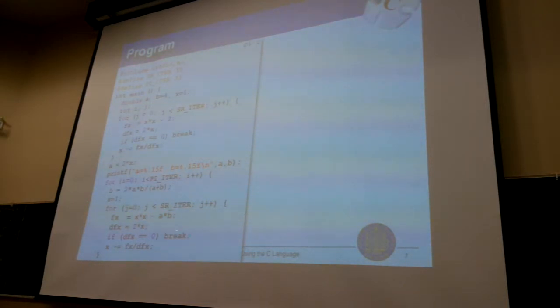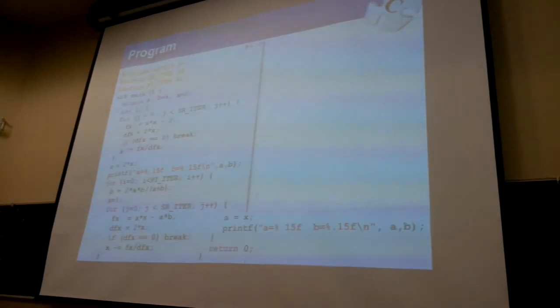And so finally, what we can do here is once we get down here, we can set a equal to x, right? And print out our current values for a and b. So what's happening here again, with each iteration, we're applying those equations. If you want later on, you can go back to the two slides and compare here.